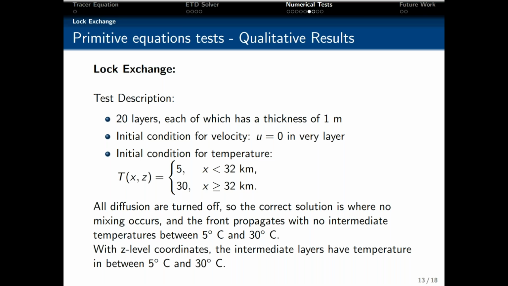The first one is the lock exchange test case, in which we have a domain where half of the water has a temperature of 5 Celsius degrees, and the remaining half has a temperature of 30 Celsius degrees. We are using z-level coordinates, so we expect the intermediate layers to have temperatures in between 5 and 30.